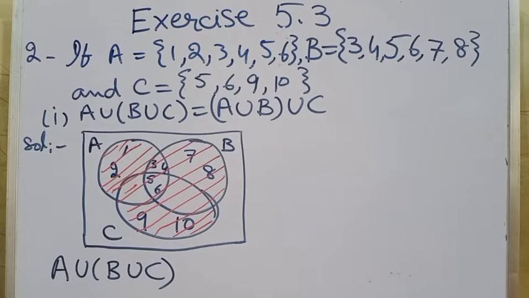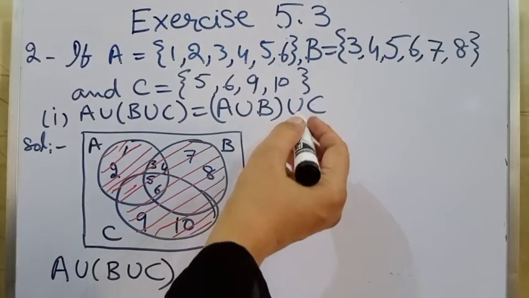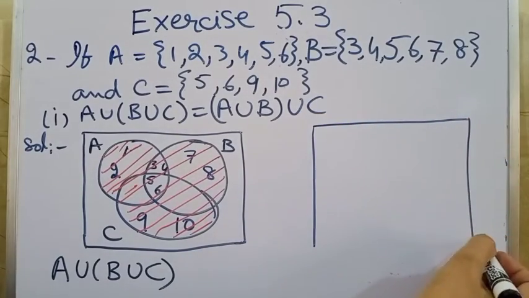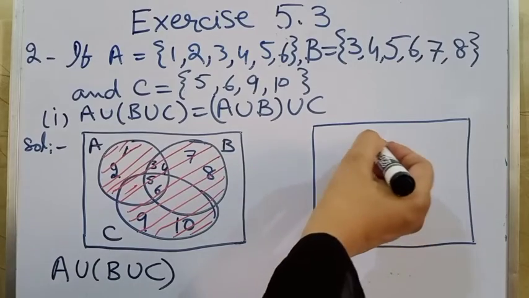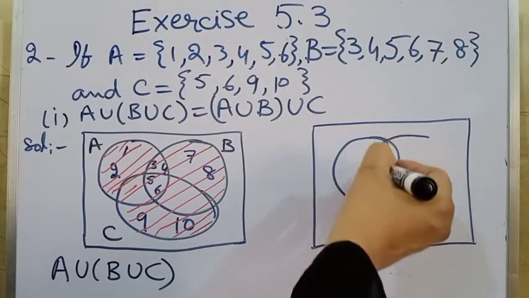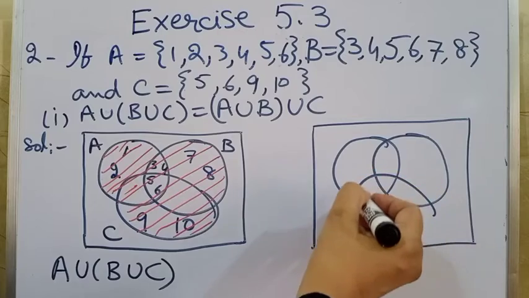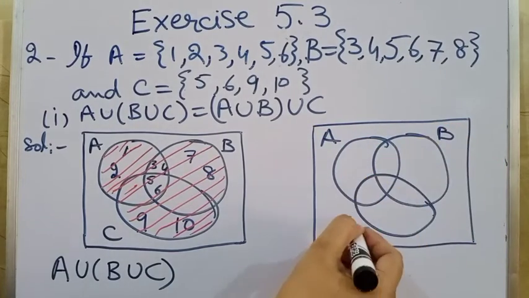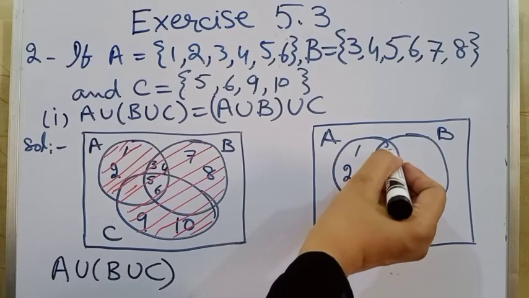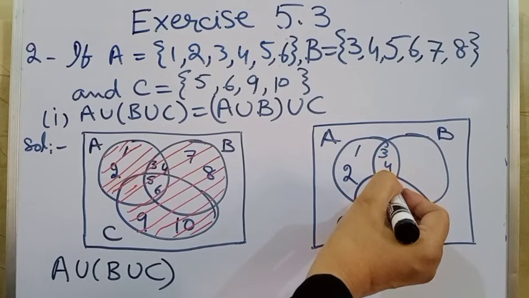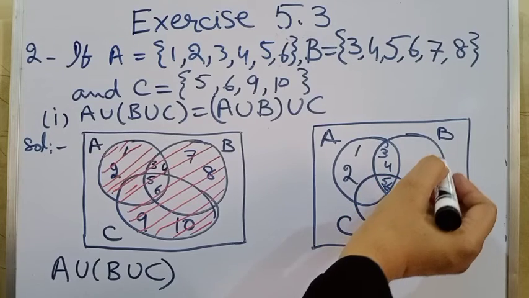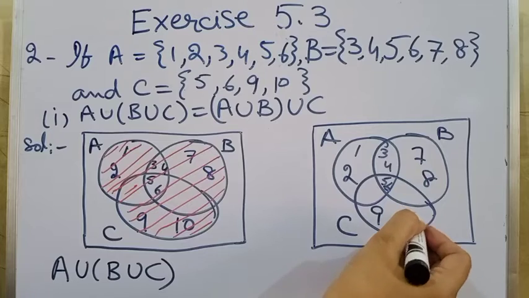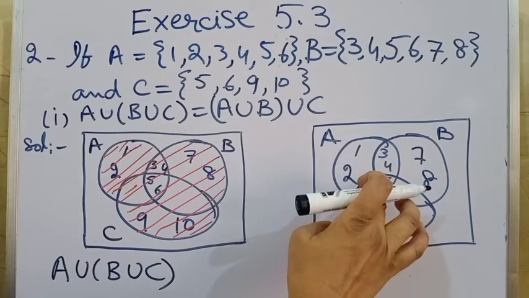Next, we have to find A union B union C. Similarly, overlap these 3 sets and write their elements. 1, 2, 3, 4, 5, 6, 7, 8, 9, 10. This portion is very small.